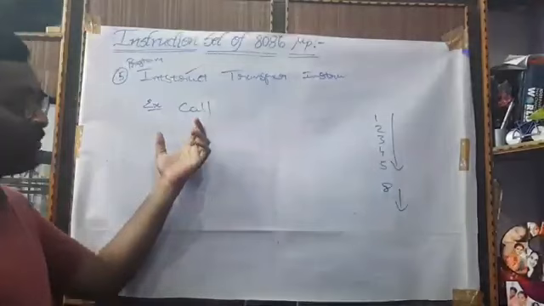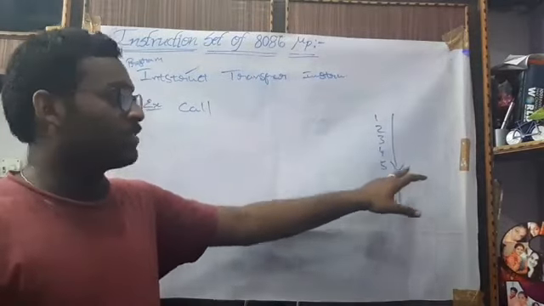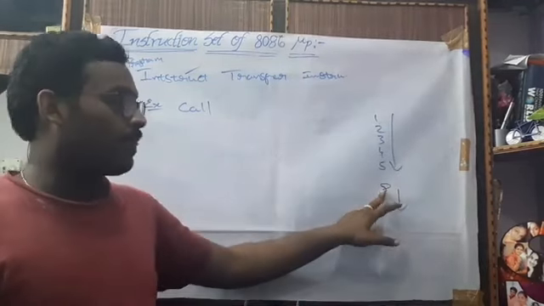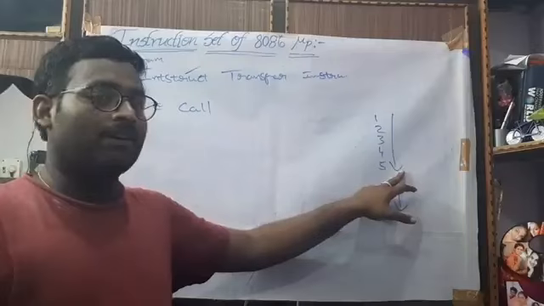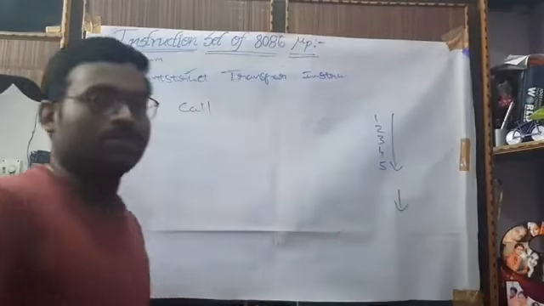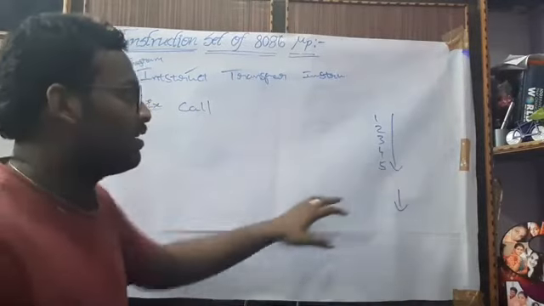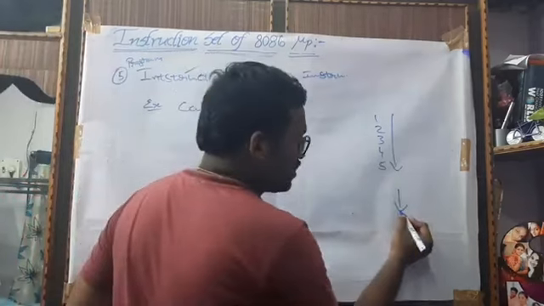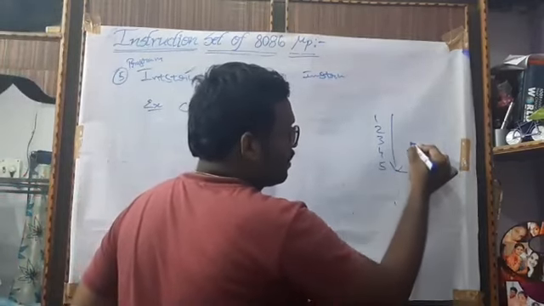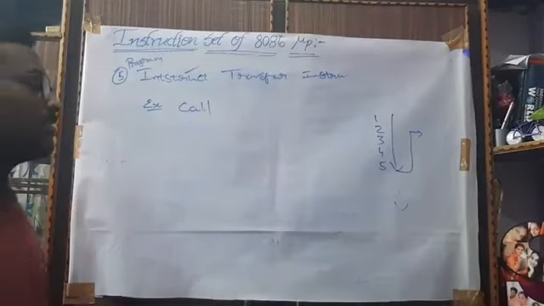So call instruction means if the sequence of execution of the 8086 microprocessor suddenly requires another instruction which is not in the sequence, and the call instruction happens at this stage, then the control goes to some other place. Okay, this is the call instruction.